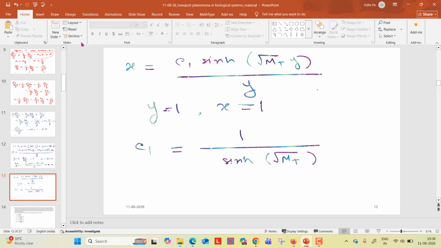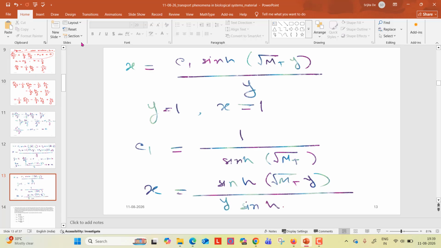Now if we put this c1 in the equation, it will come as x equals to sine hyperbolic root mty divided by y into sine hyperbolic root mt, right? So this is your x-y equation.